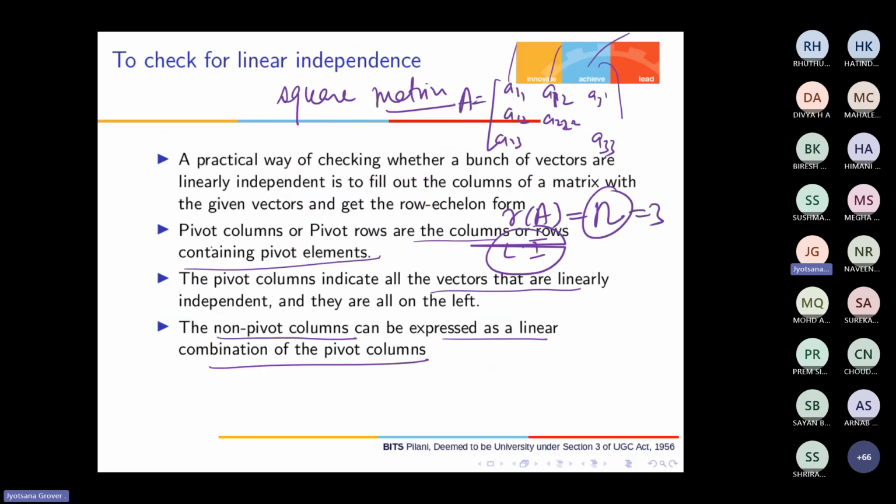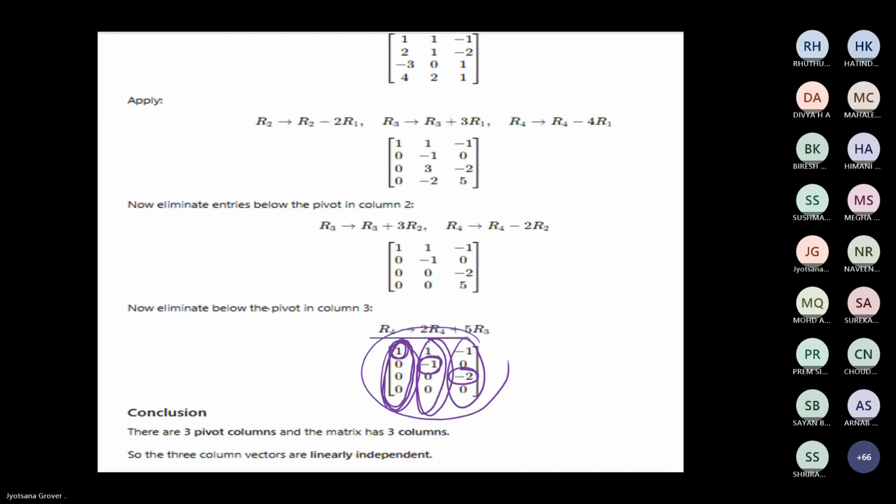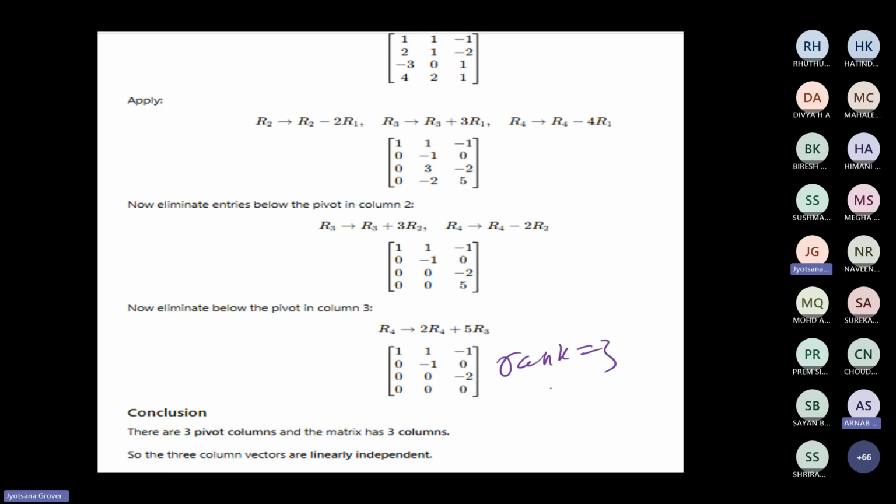So what is the rank here? The rank is 3, equal to the number of pivot columns. Pivot columns are linearly independent columns.